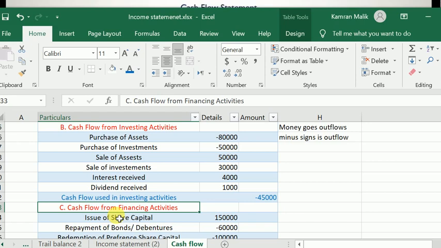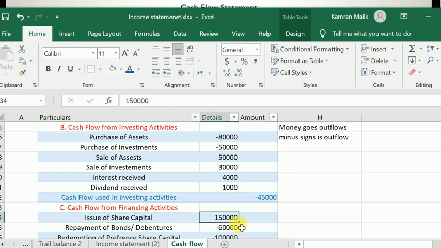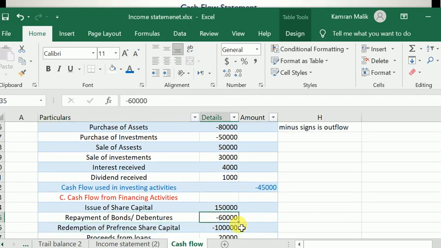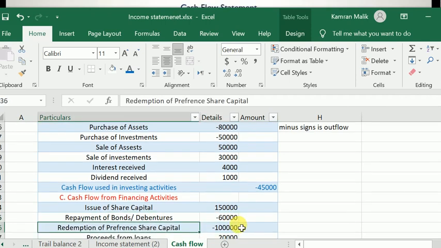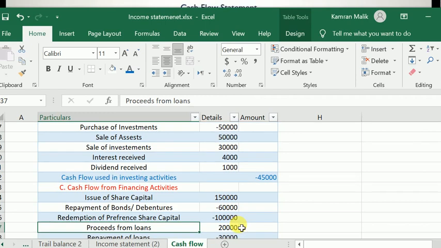mandatory part to understand. So in financing activities, if we have issued share capital, we have received some money on it. That is the plus side, right? The minus is when we paid for the bonds or debentures, or we have paid for share capital, right? So that is the outflow we have made.